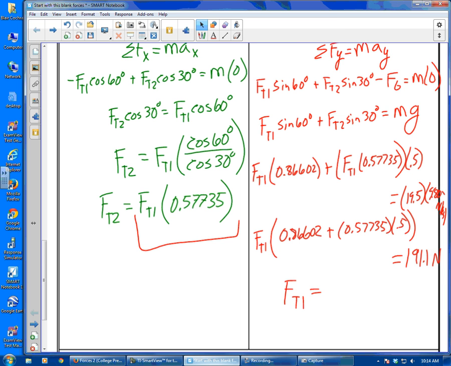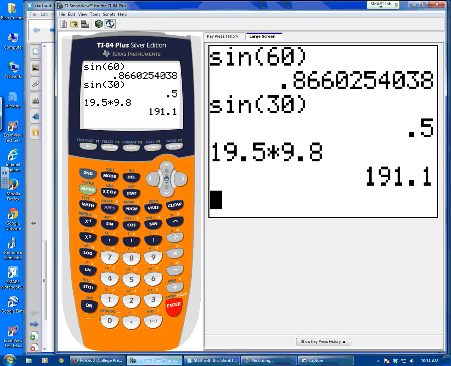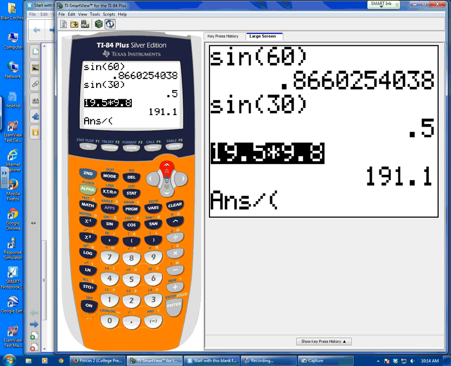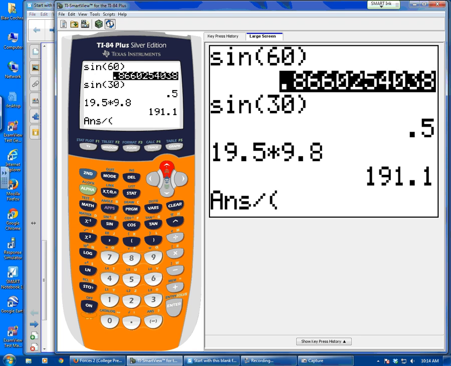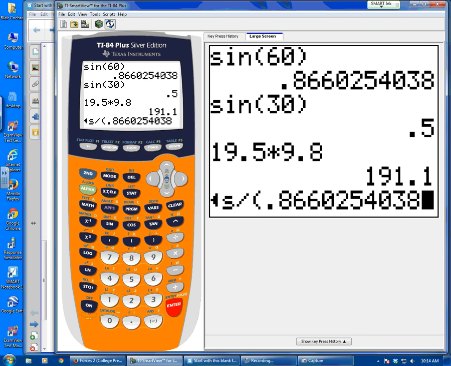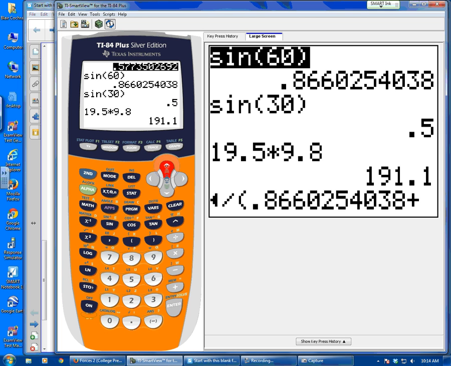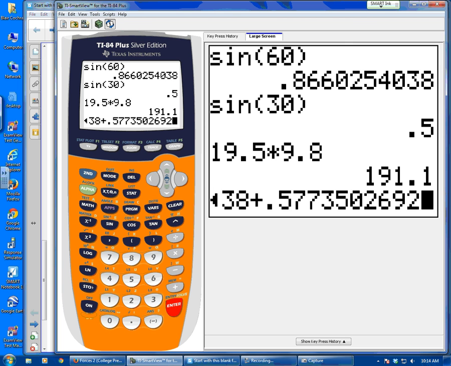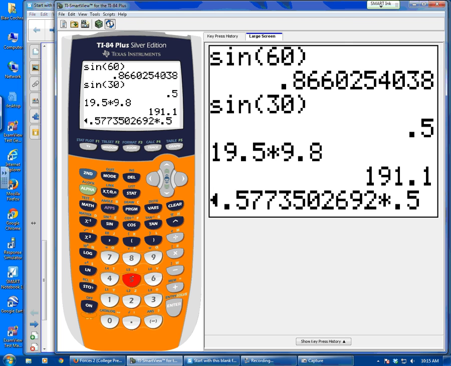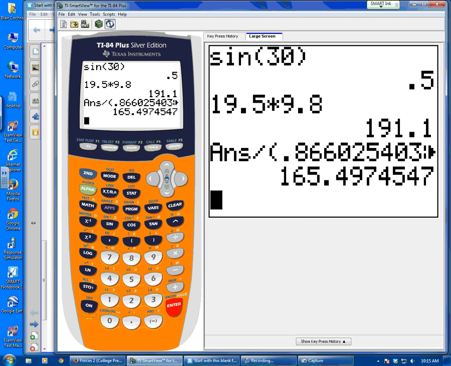And so let's see, I'm going to do 191.1 divided by, parentheses, 0.866 plus 0.577 times 0.5, close parentheses, and I get 165.